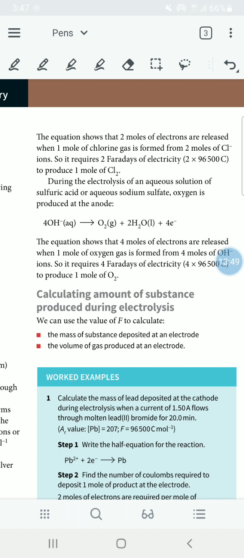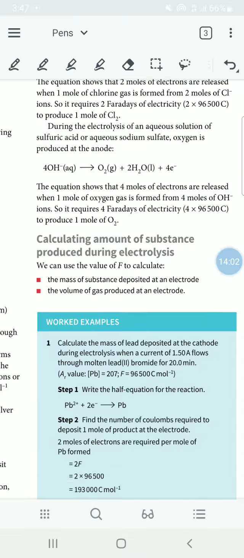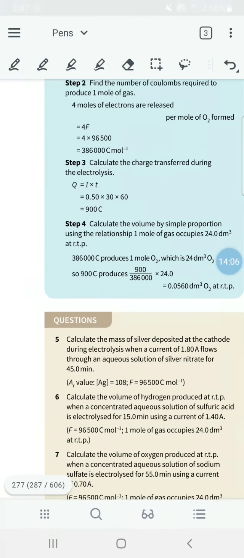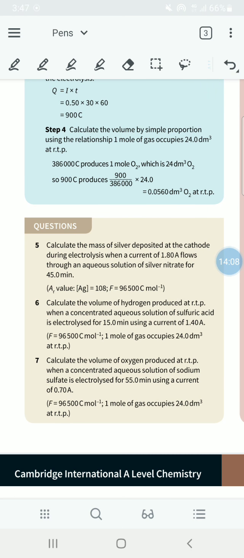That is something that you must understand. Then write down, to produce 1 mole of oxygen, 4 into 96,500 coulombs of charge. I hope you understood all the details. Do question number 5, 6 and 7.